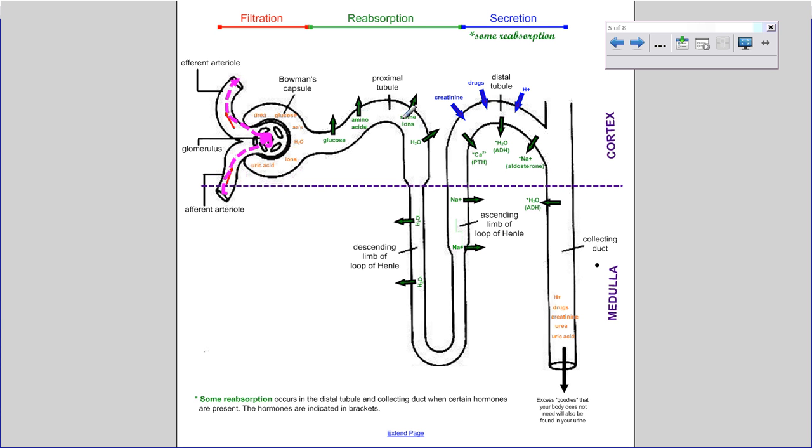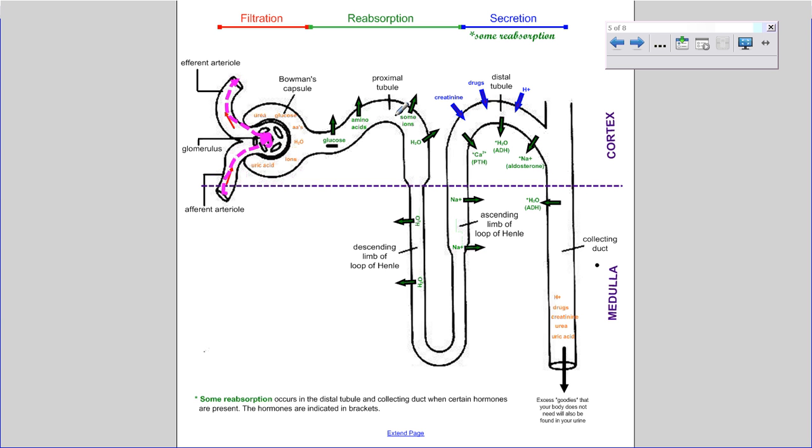Okay, so some ions, like there might be a bit of sodium, other ions that are going to be reabsorbed here. But glucose, if your body is in need of glucose, it's going to be reabsorbed from the proximal tubule up to what we call the threshold level. Now, the threshold level is kind of like, if you think of your thermostat, then it tries to keep the temperature at a certain level that has been set.